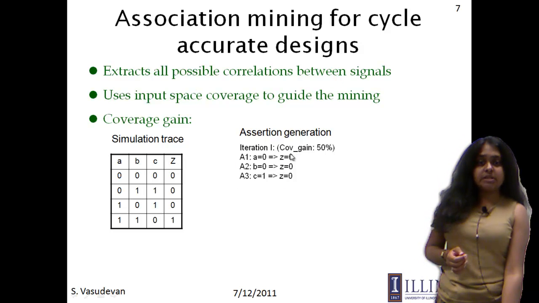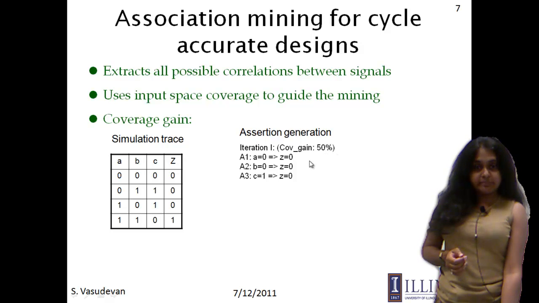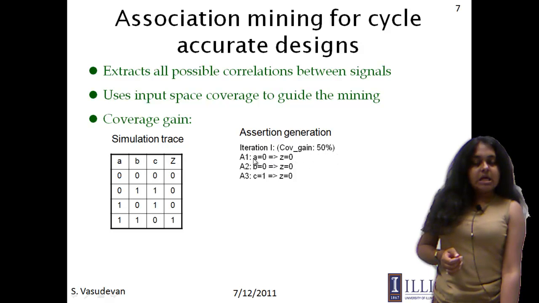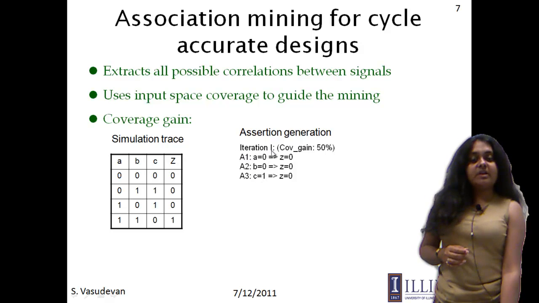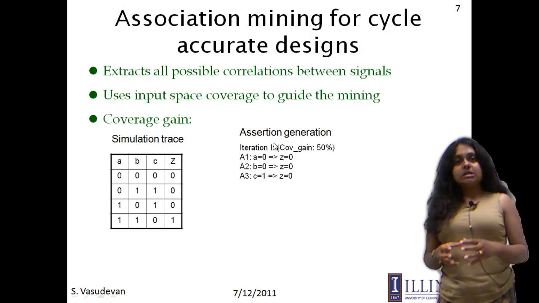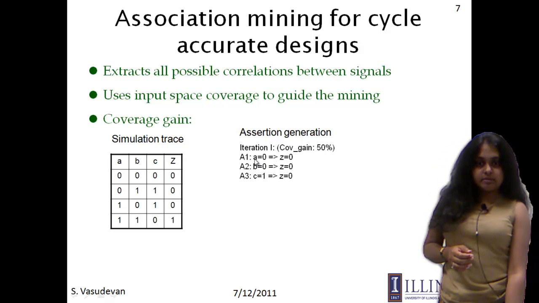In every iteration, there is a coverage gain threshold or a minimum coverage gain. Now, what this means is, at the end of every iteration, there is a solution set of assertions that are generated by this algorithm.